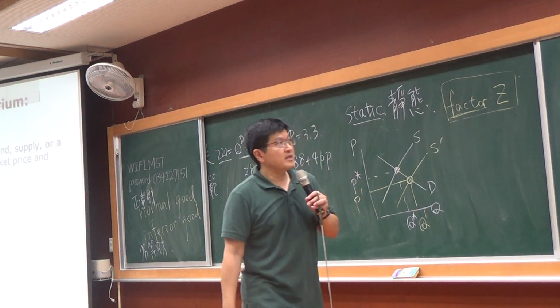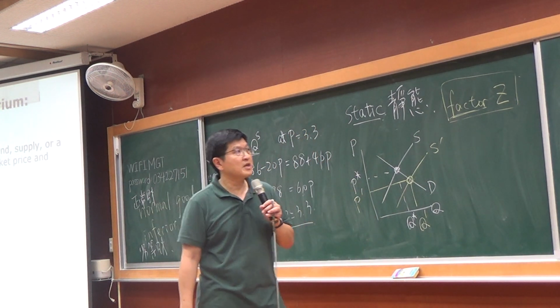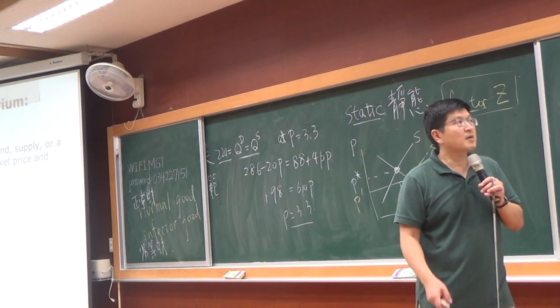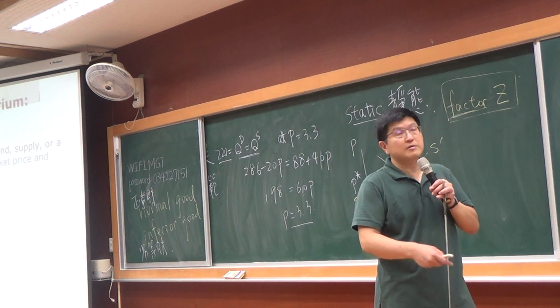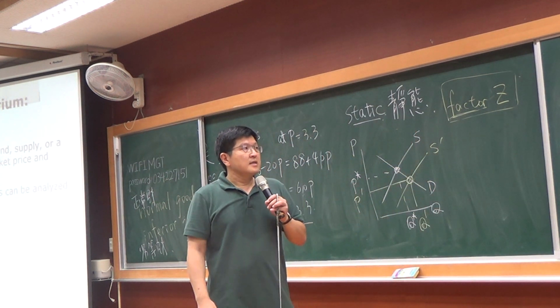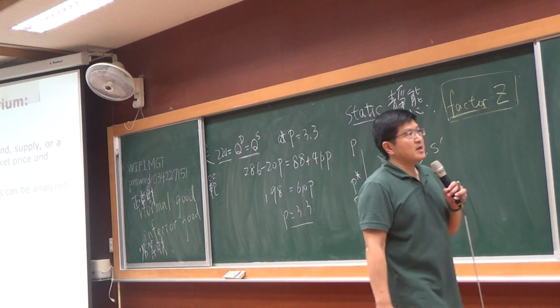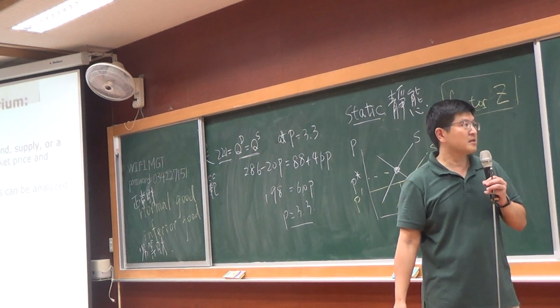Alright, so changes in a factor that affects demand, supply, or a new government policy alter the market price and quantity of a good or service. We call it comparative statics. So changes in demand and supply factors can be analyzed graphically or mathematically.